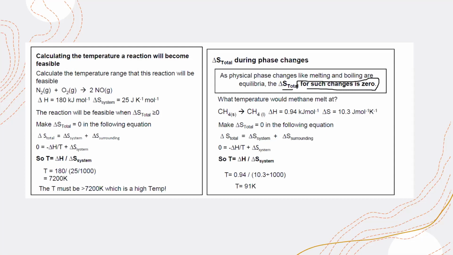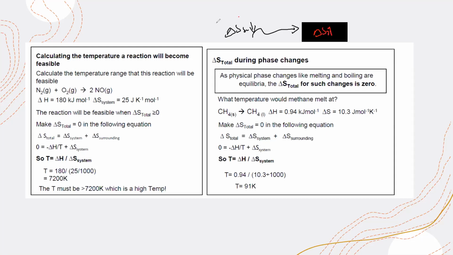There is an entropy change for the system, but the total entropy is 0, because if one is absorbing energy, for example in melting, it is taking energy from the surroundings. So the surroundings' entropy will decrease and the entropy of the system will increase.